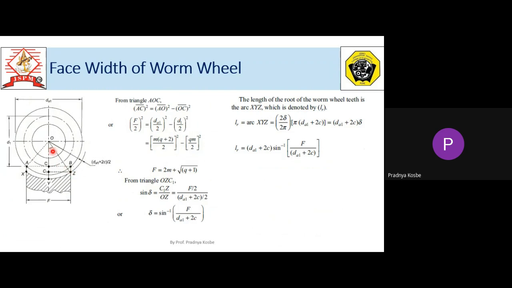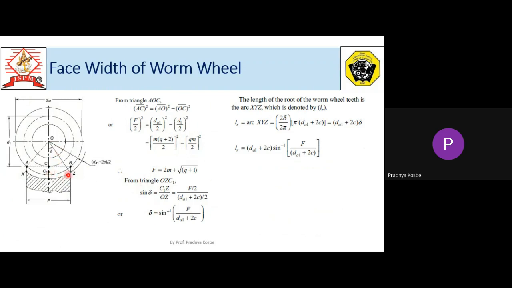So from triangle OZC1, this is O, this is Z, and this is C1. An angle included by this is del.